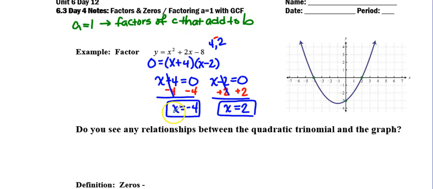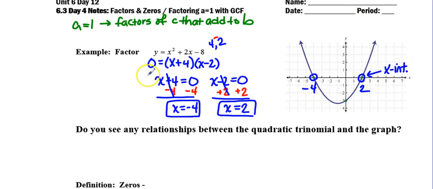Now when I look at these two answers, x equals negative 4 and x equals 2, notice the connection to our graph. Here, I've got negative 4, and here, I've got 2. And if we look at our connection, negative 4 and 2, notice here are our x-intercepts.